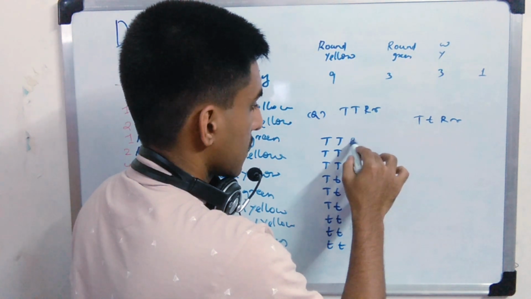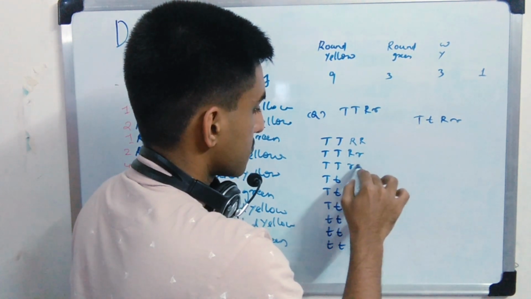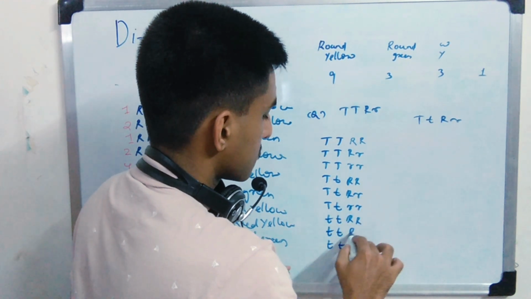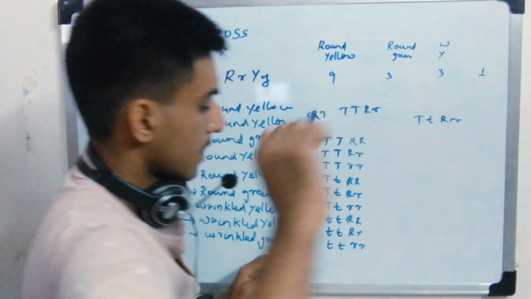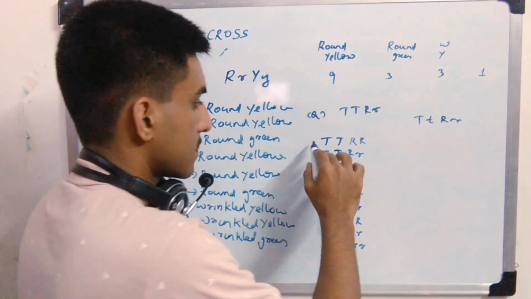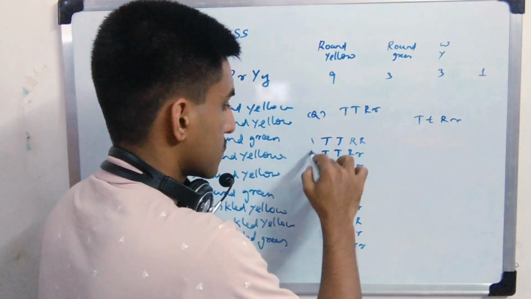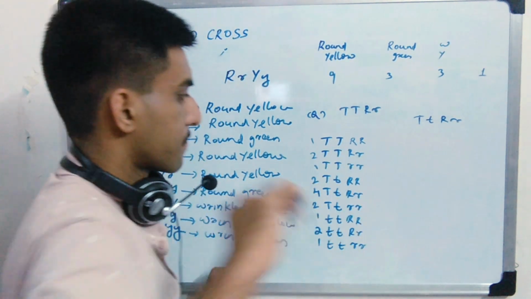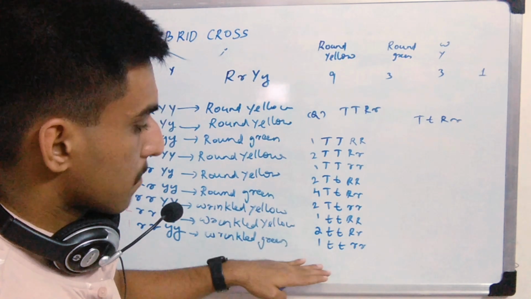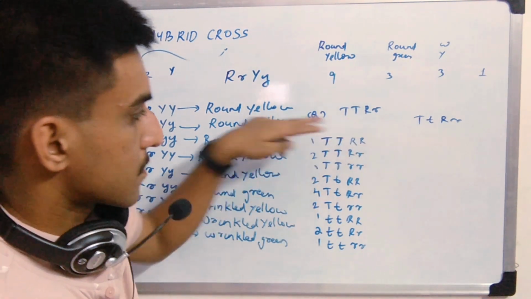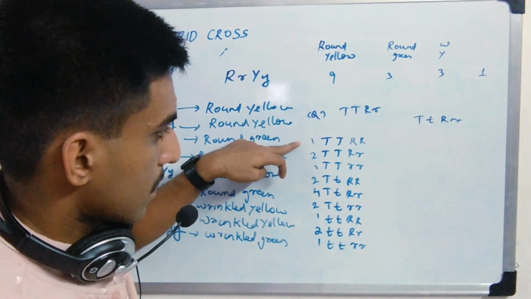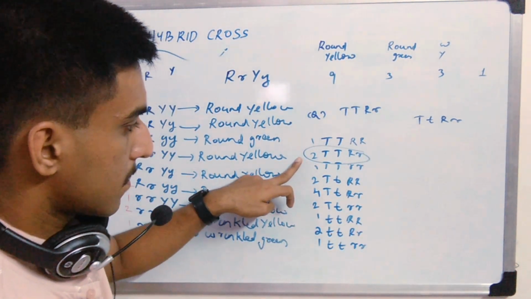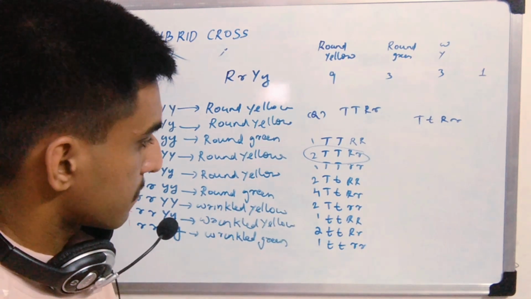Next, capital R, small r. This is how we write it, and we know that the genotypic ratio is 1:2:1, 2:4:2, 1:2:1. From these possible combinations we need to find this one. We can only get this combination, the rest of them are not applicable.